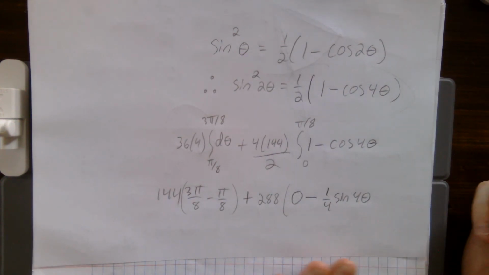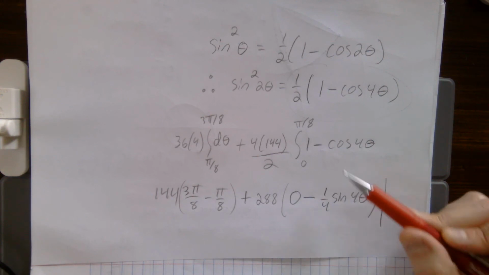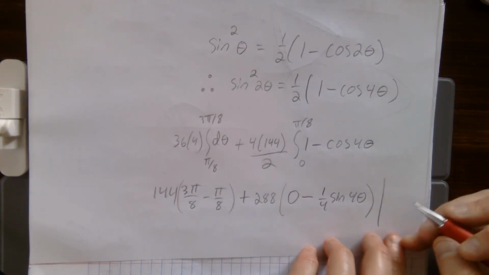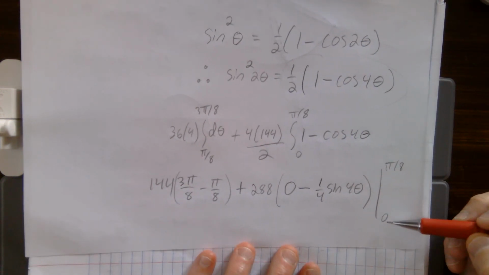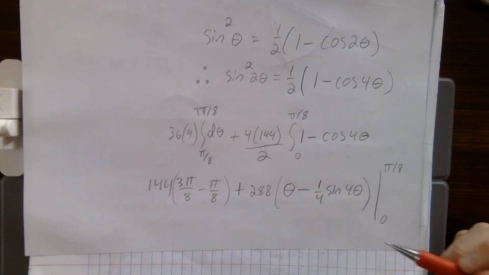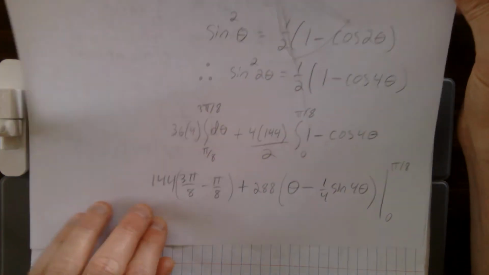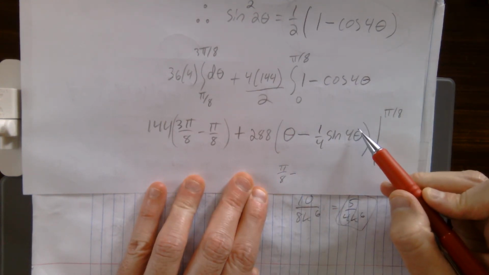The derivative of sine is cosine, and the integral of cosine is sine, yep. And so when we plug in 0, these thetas go to 0, so that's nice. So we can just worry about the upper bound, where we get pi over 8 minus, pi over 8 times 4 is pi over 2.